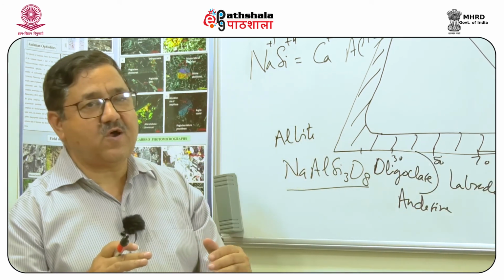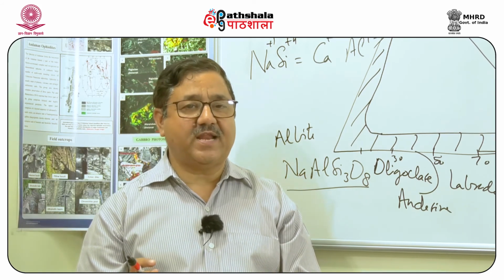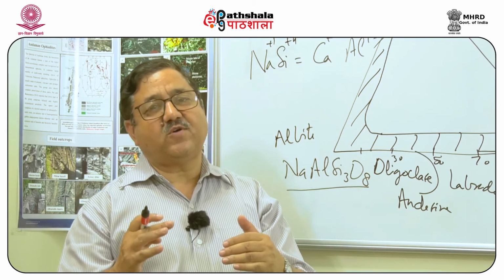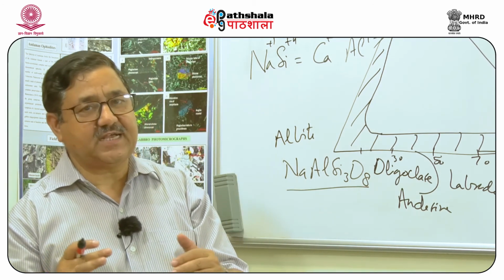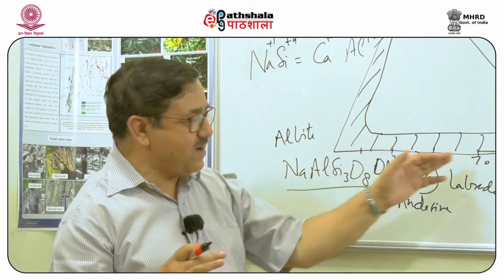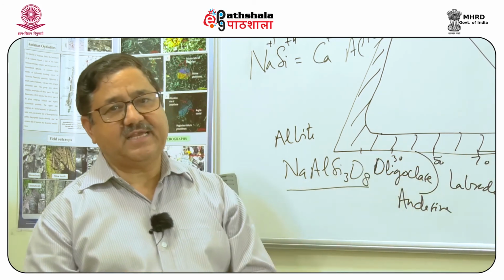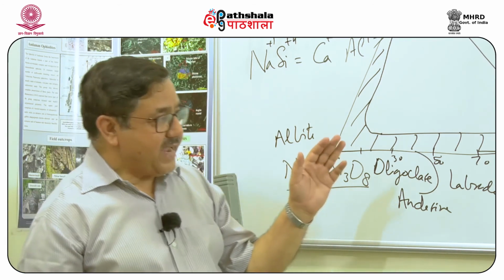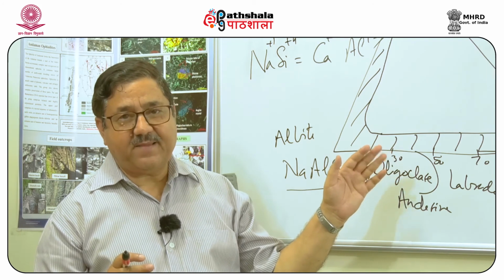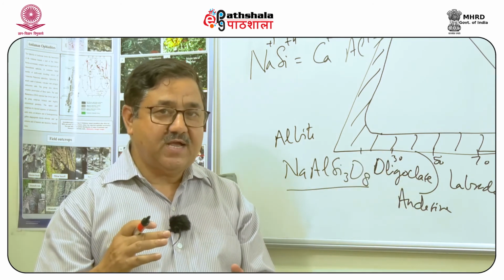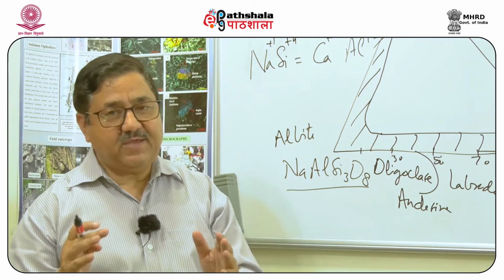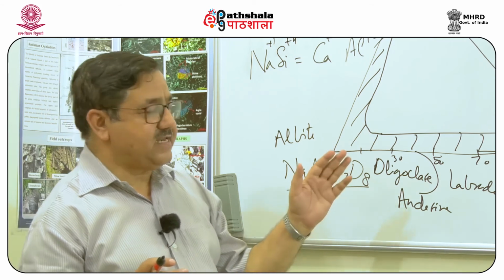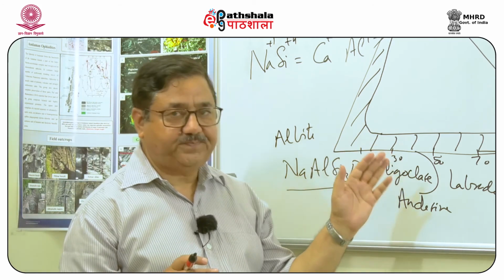As the melt cools down, if the cooling is slow enough, there will be a coupled substitution with an increasing amount of sodium entering the structure, and one will have any amount of any of these variants present in the finally solidified rock, and that will be controlled dominantly by temperature. So, therefore, in one way it can be used as a thermometer or a geothermometer to interpret the temperature of formation of rock.